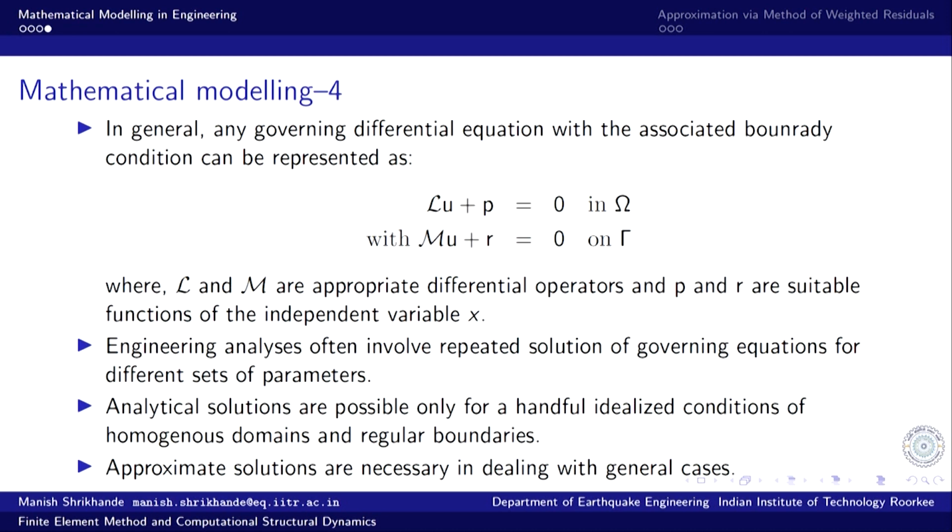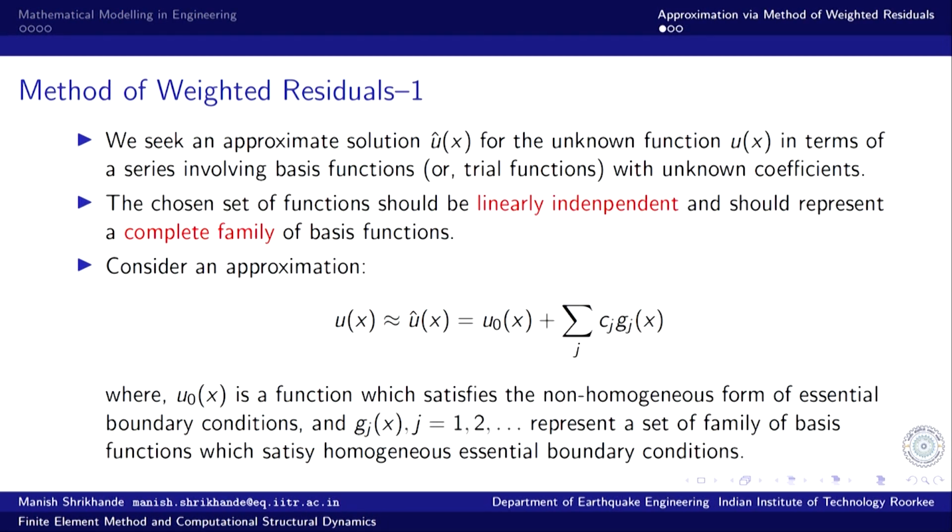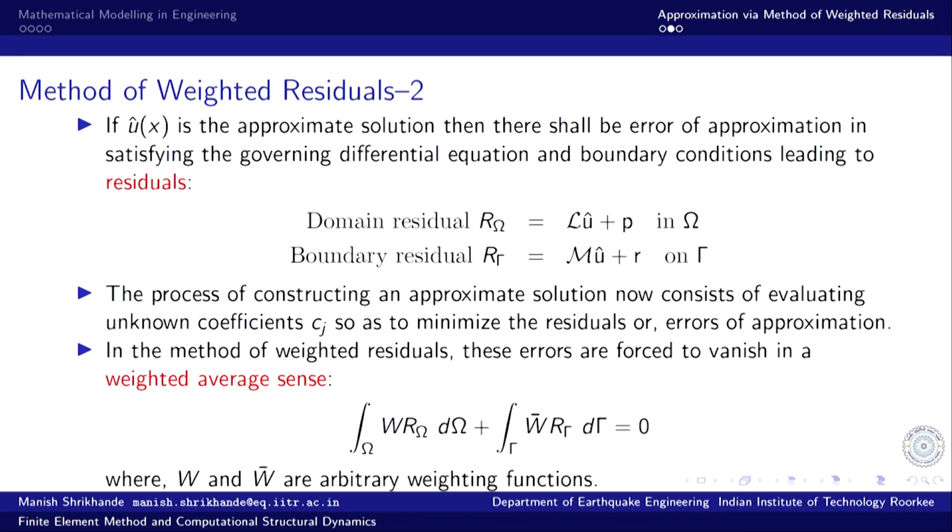So, there may be error in satisfying the boundary conditions as well. Those errors are referred to as residuals. So, if I substitute the approximate solution in the governing differential equation and the boundary conditions, there will be an error of approximation, and these errors are referred to as residuals.